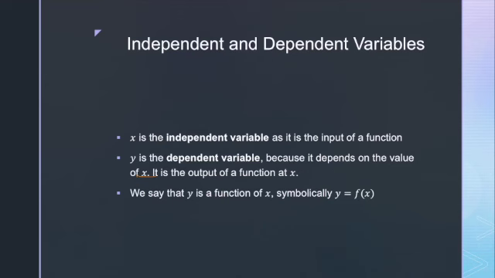When we say that y is a function of x, we can symbolically write it like that. So our example function would be f of x is 3x plus 1. And we read this as "f of x."